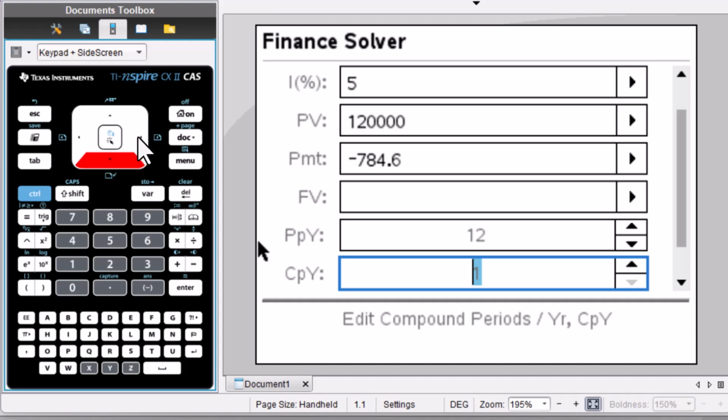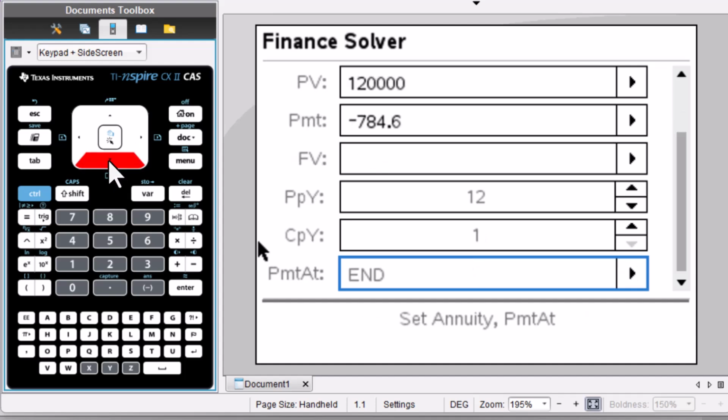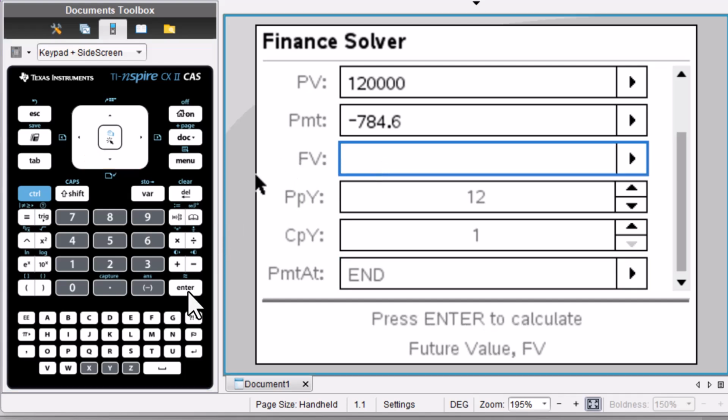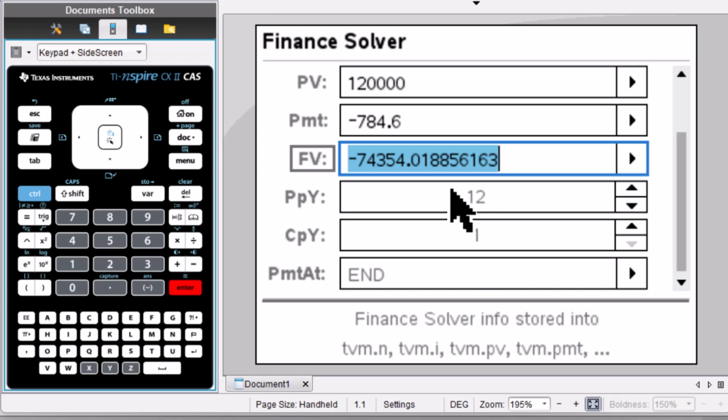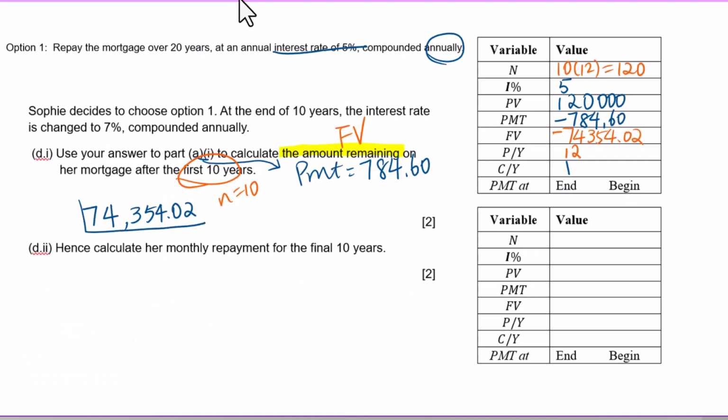CPY is 1. PMT at N is a default. Then move your cursor to future value, enter. This is the amount remaining, or also called outstanding balance. Your answer must be positive, even though on Finance Solver it is negative.